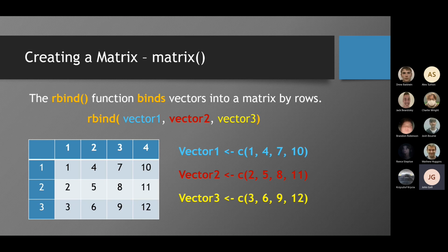In rbind, the number of vectors dictates the rows, but the columns are dictated by the number of elements in the vector. Okay? Now, what I will say here is that if you're going to combine them, the vectors need to be of the same type of data and the same amount of data. It won't fill it automatically. It'll throw a wobbly.